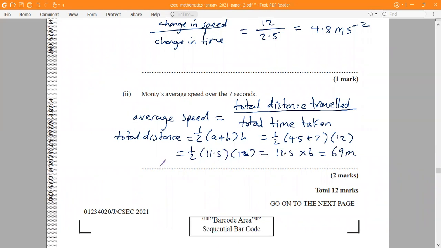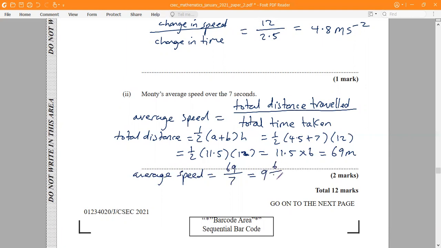We have the total time taken as 7 seconds, as given in the question. So average speed is equal to total distance 69 divided by total time taken, which is 7. So we divide this. All right, 9 sevens are 63.